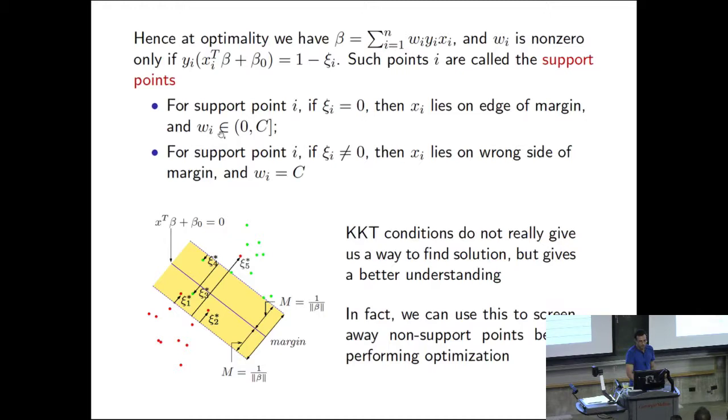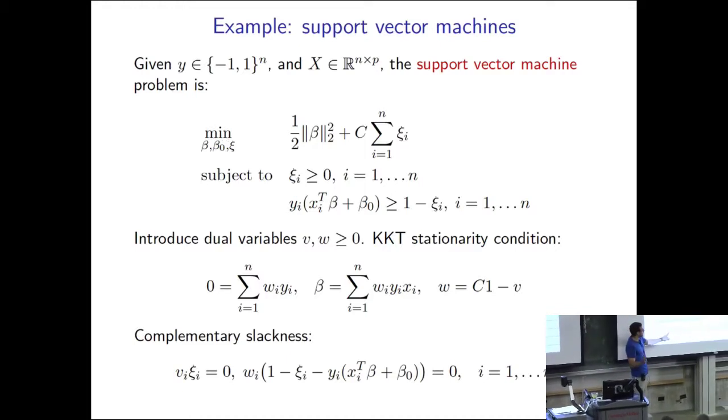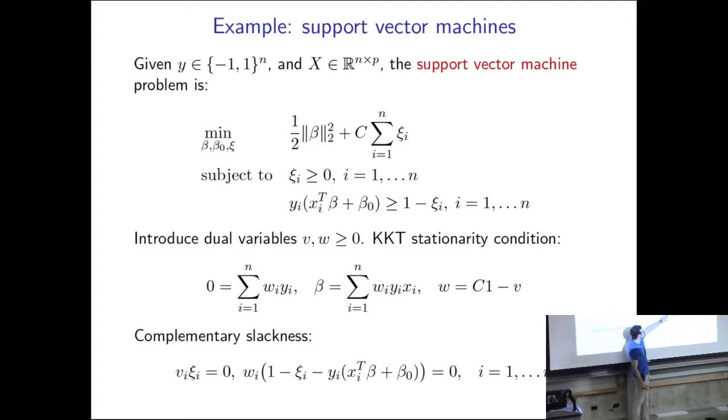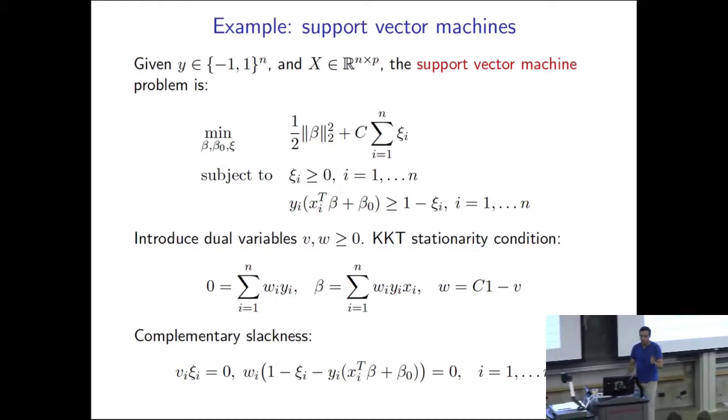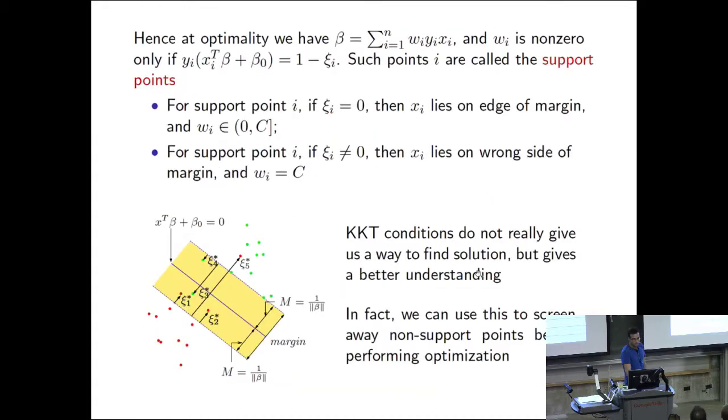And for these support points, because psi i is 0, vi can be anything, because of this complementary slackness equation. And w now has to be between 0 at its smallest and C at its largest, because of dual feasibility: w has to be bigger than or equal to 0, and less than or equal to C. So for support points that lie on the margin, the dual variable can be anything between 0 and C. For some other support points, psi i can be non-zero.